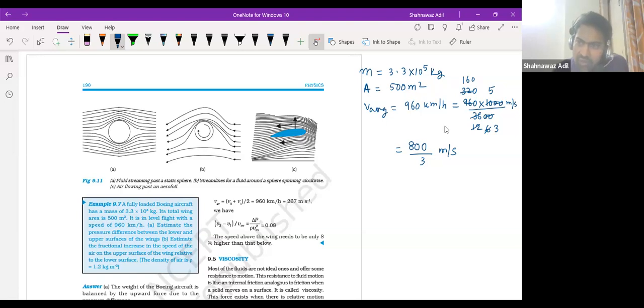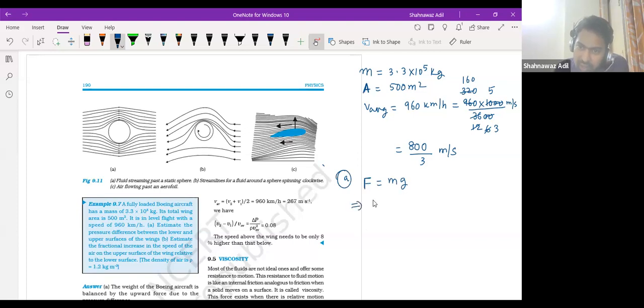Now we have to find out the pressure difference between the lower and upper surface of the wings. So we have this area, right? And we can calculate the pressure. So force is how much? Force is mg, right? This thing we know. And we have calculated the force.